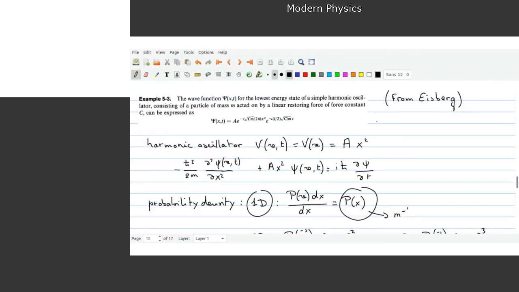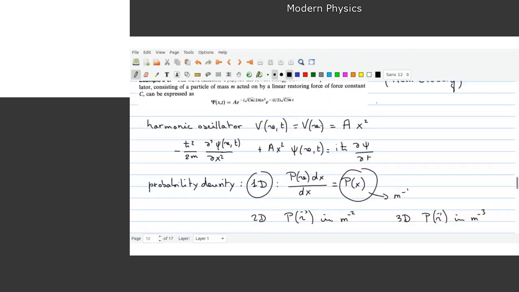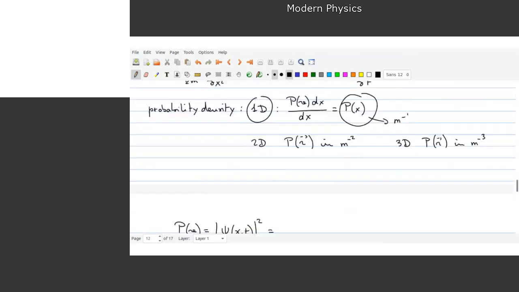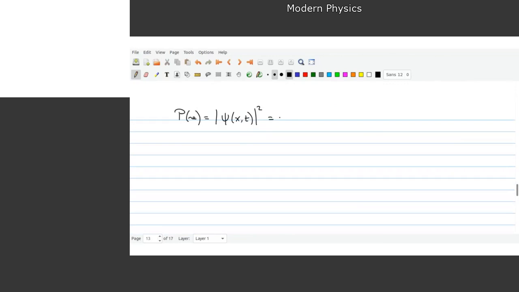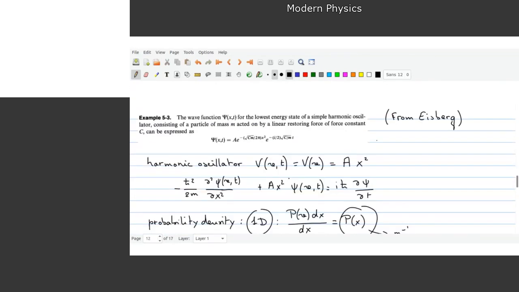This will be very easy because you only have this complex part here in this phase term. So this will be equal to 1. So this will be equal to the square modulus of A. A may be complex as well.